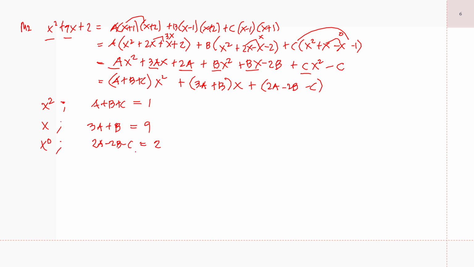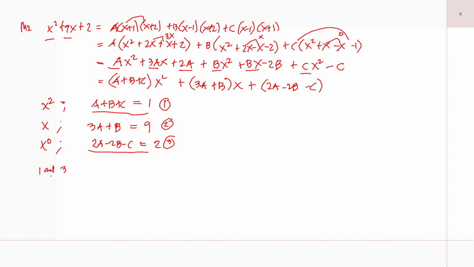Next, this is the first equation, the second equation, and the third equation. What I did is we have to equate the first and third equation because we have full ABC, the constants. So this is equation 1 and 3.